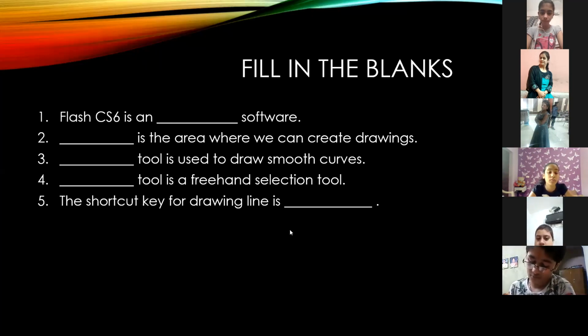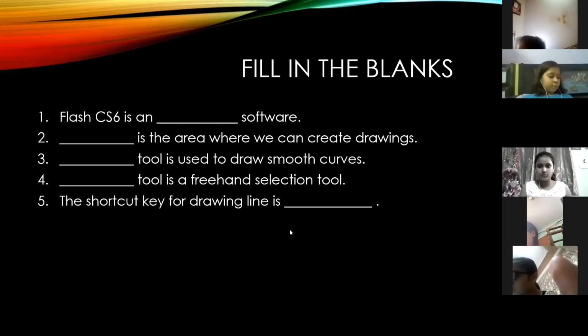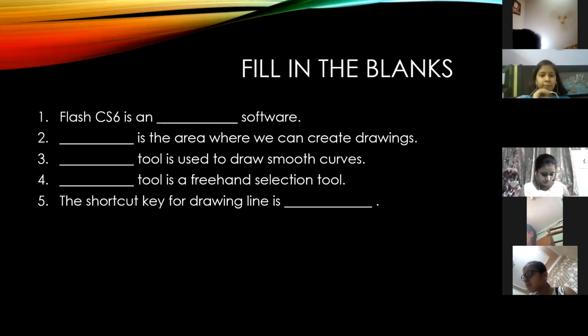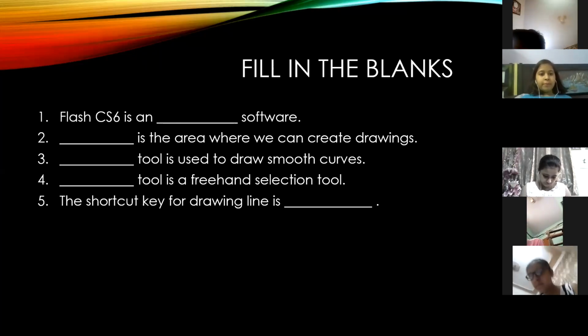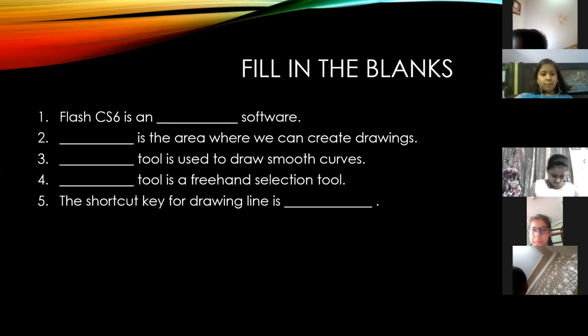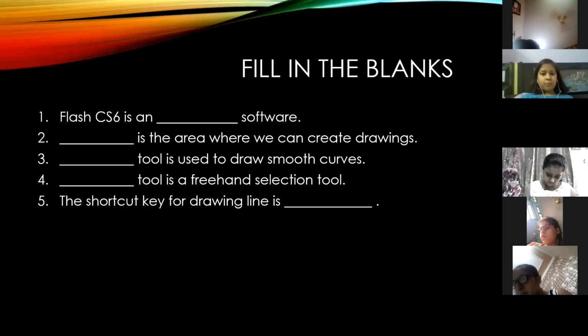Next one, let us ask this answer from Navya. Navya, third one. Dash tool is used to draw smooth curves. Pen tool. The correct answer is pen tool. So basically, when you want to draw either the flowing curves or the smooth curves, the tool used is the pen tool. Clear?